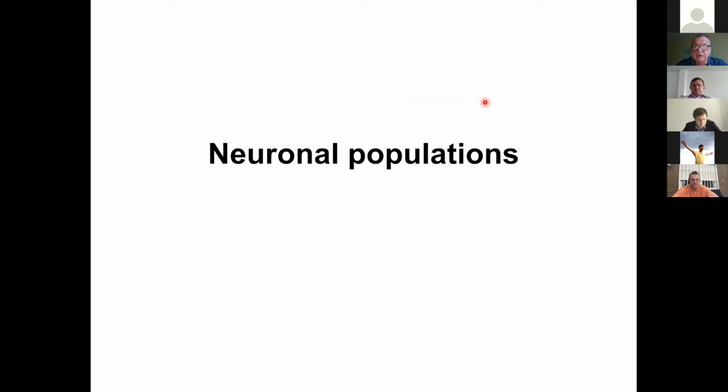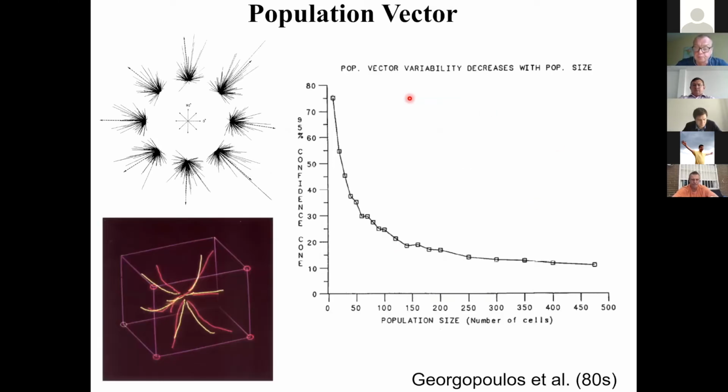The next complexity came with the neuronal population recordings, and they were probably first advertised by Georgopoulos, who proposed a population vector approach. So in this population vector approach, each neuron's preferred direction is detected, and then this vector pointing in the preferred direction is multiplied by the firing rate.